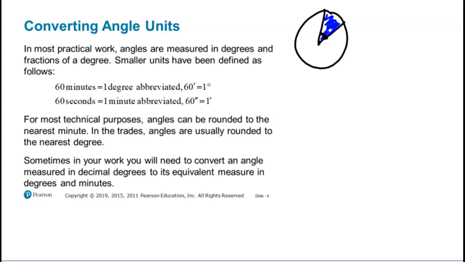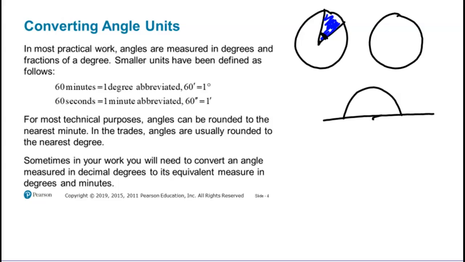If I have a whole circle, it is 360 degrees around it. If I have half of a circle, it's 180 degrees. Let's say I take just a sliver out of here, sorry my pen is not very fine, and let's say that that's 1 degree out of that 180 degrees.